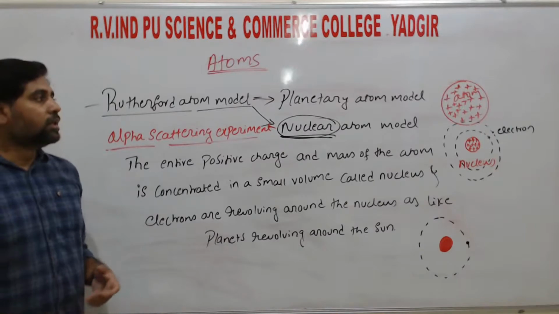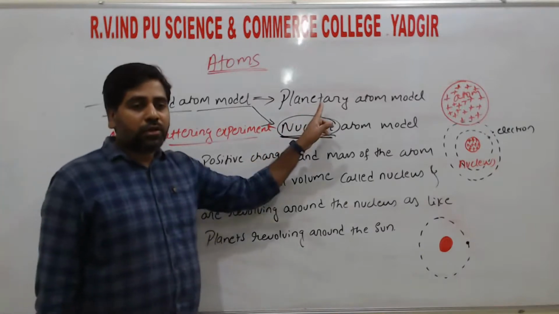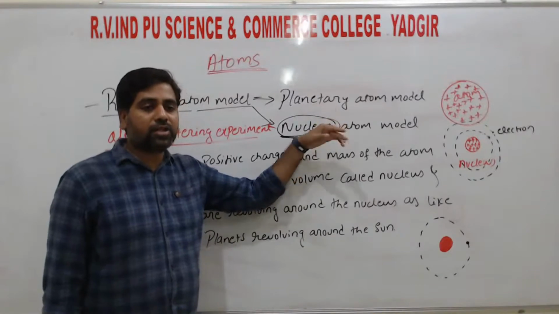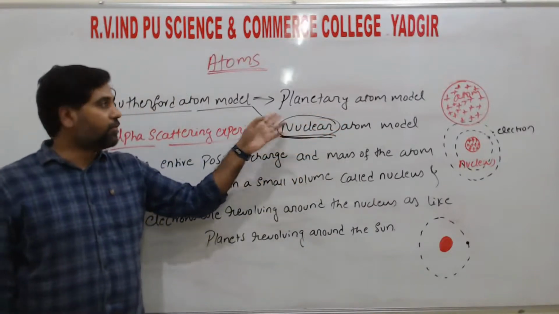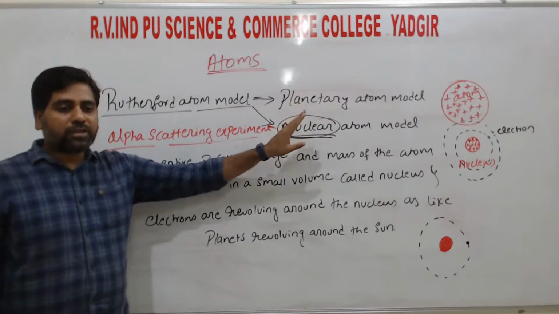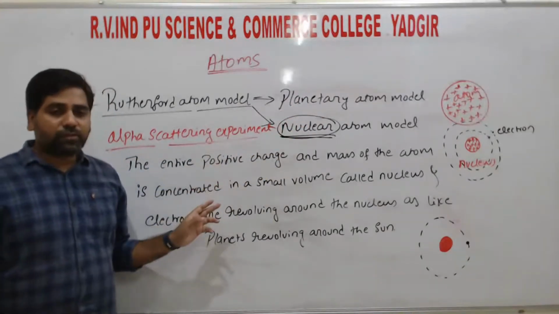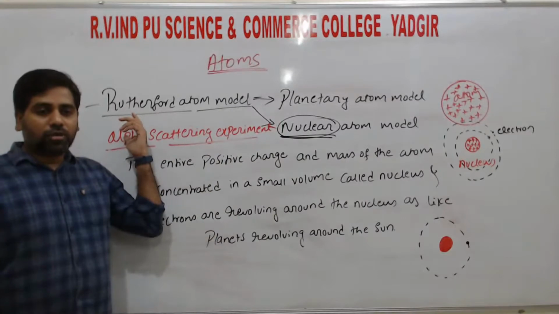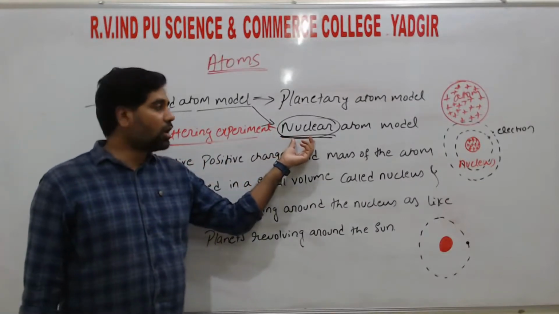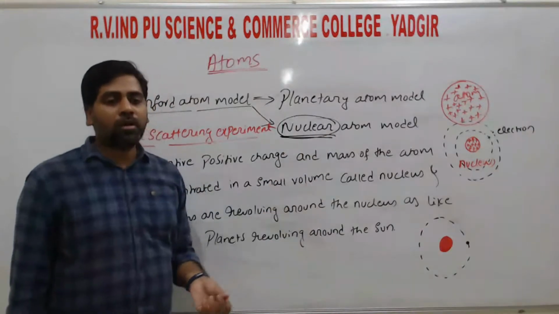The reason is that the electron revolves around the nucleus, similar to the planets revolving around the sun. That's why the name given is the planetary atom model. The concept of the nucleus was first introduced by Rutherford in his experiment, hence the model is named the nuclear atom model.